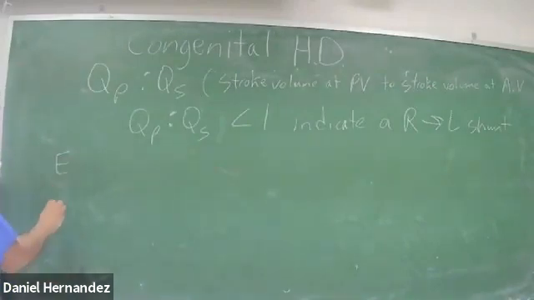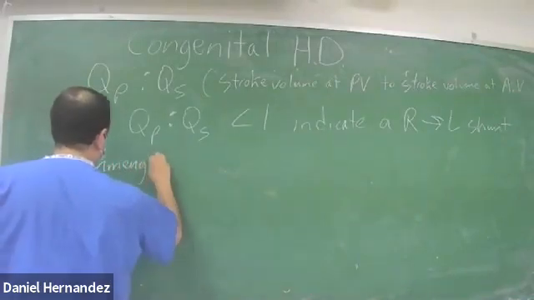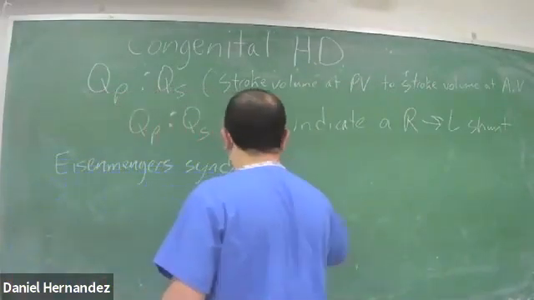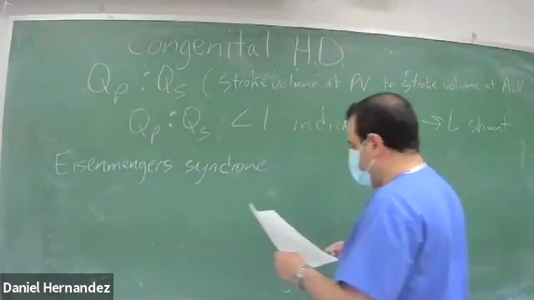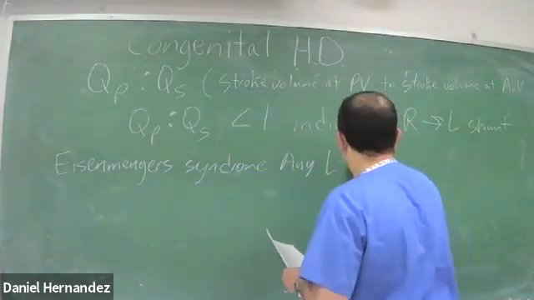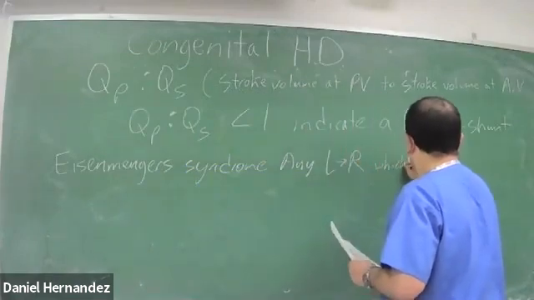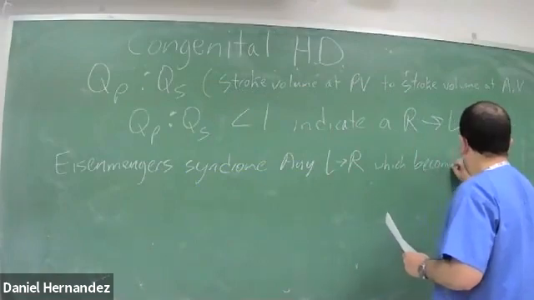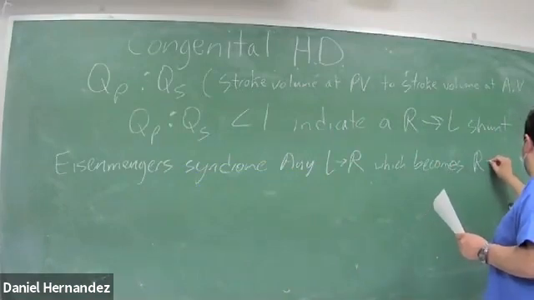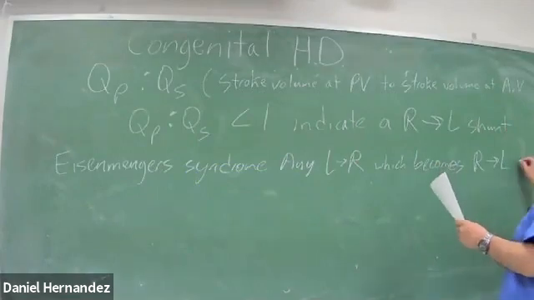Again, our Eisenmenger syndrome is any left to right shunt which becomes a right to left shunt, or bidirectional.